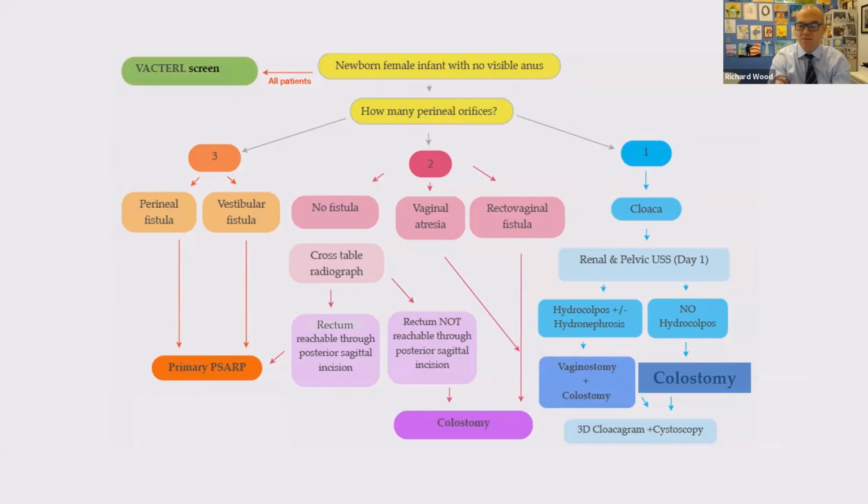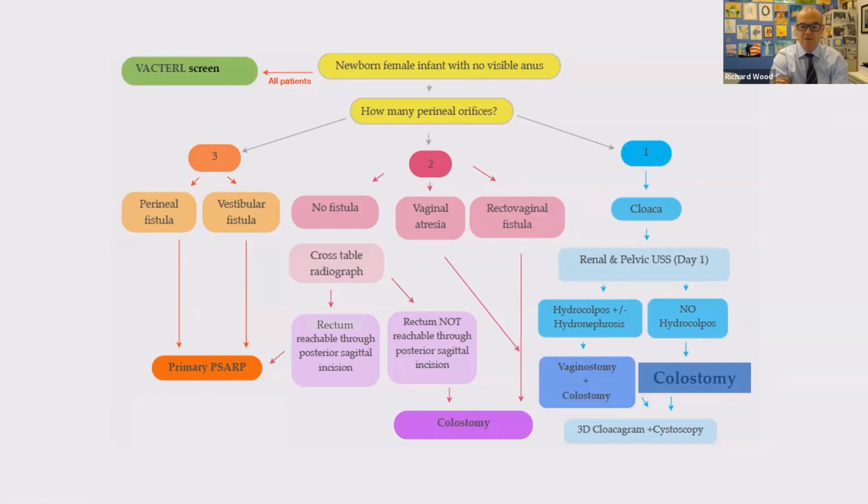So we try to simplify the way we look at children with anorectal malformations. If it's a female patient with no visible anus, the simplest way is just to count the number of orifices or holes you see on the perineum. That really allows you to order your thoughts, especially for the trainees.